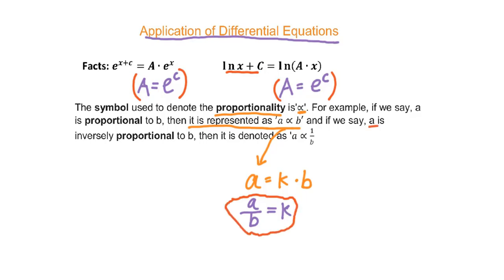If we say a is inversely proportional to b, then it's denoted as this. We can write down a equals k times 1 over b. Then multiply by b both sides, we get a times b equals k.